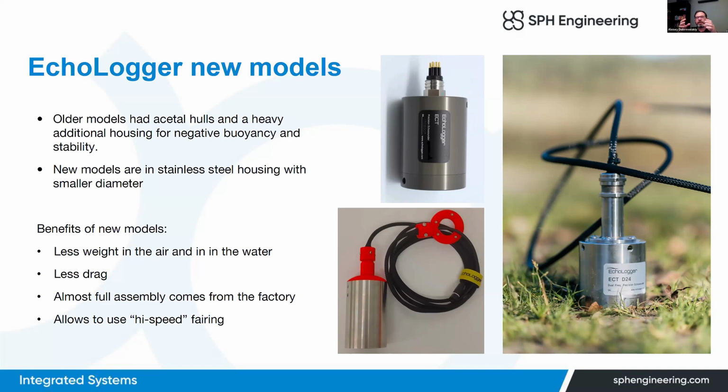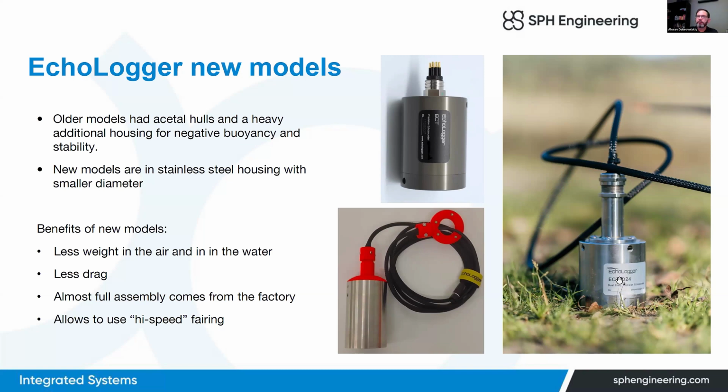That means we have the same weight. To have a stable sensor, we need quite a heavy sensor when it is submerged in the water. But excluding plastic, with the same weight, we have a much smaller sensor. Smaller size means less drag in the water.